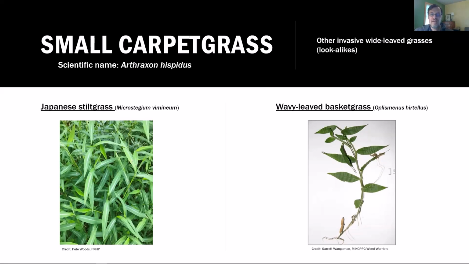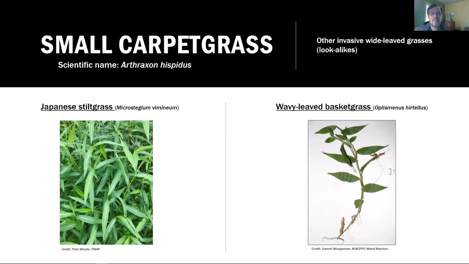On the right is wavy-leaved basket grass. This is an up-and-coming invader. It's only showed up in a few places in Pennsylvania. It actually looks quite a bit like small carpetgrass, but it's a lot bigger. So in any case, if you see the wide, relatively short leaves with that wavy edge, look very close and please document it, because it's going to be one of those two species.